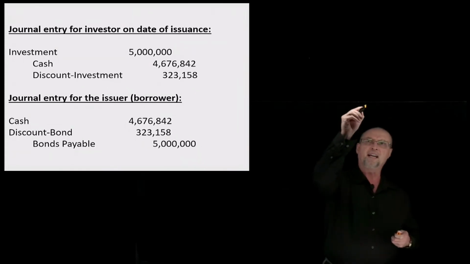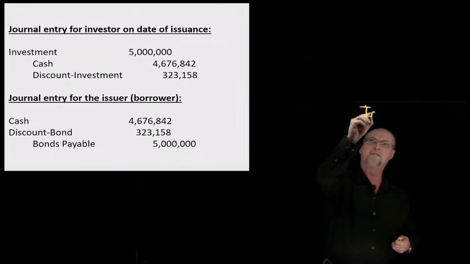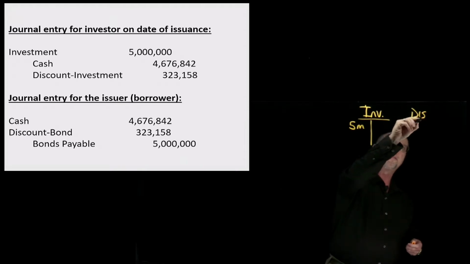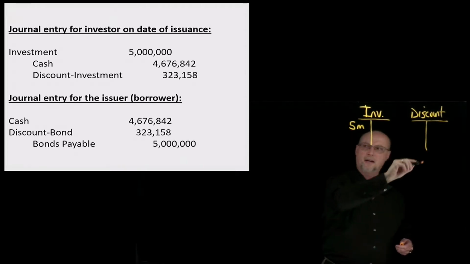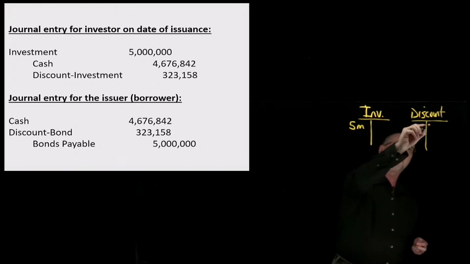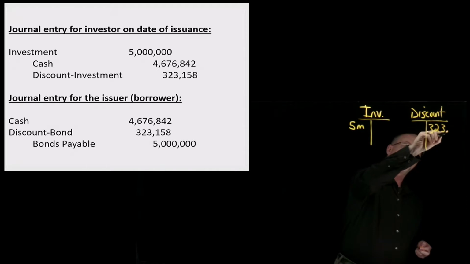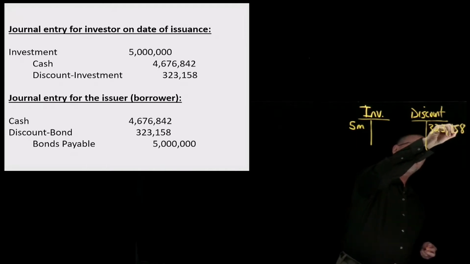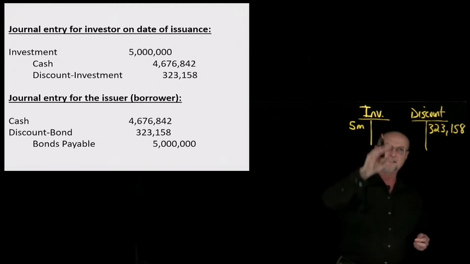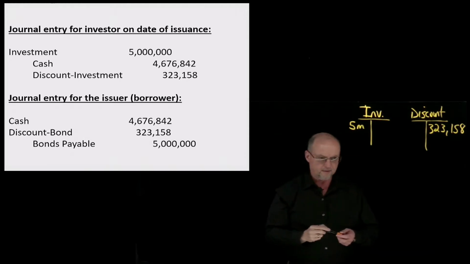Now I'm going to abbreviate, but here is the investment account, and I'm just going to put 5 million, and here is the discount. Okay, and notice it's a credit balance of 323,158. So we would say that this discount account is a contra asset to the investment account.